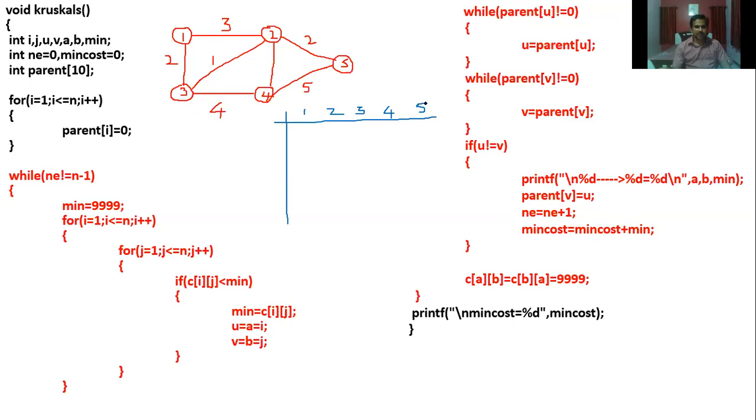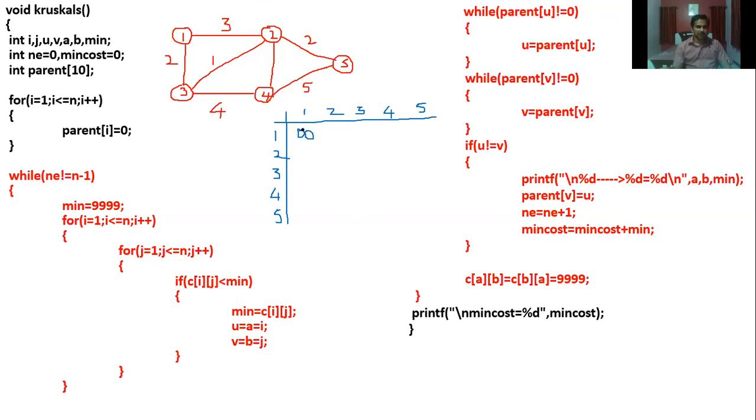If there is an edge, I'll consider that edge cost. If not, I'm going to consider the infinity value. For this graph, I'm updating the adjacency matrix cost.